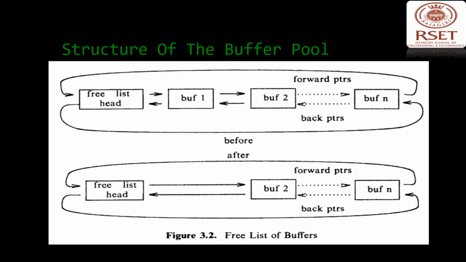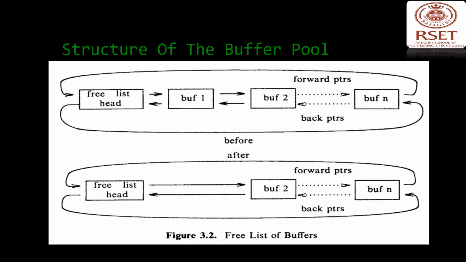As the kernel removes buffers from the free list, a buffer with valid data moves closer and closer to the head of the free list. This is what you see in this figure. Now this figure is taken from your textbook, which is cited in the reference section. Therefore, the buffers that are closer to the head of the free list have not been used as recently as those that are further from the head of the free list. That is what you should note.